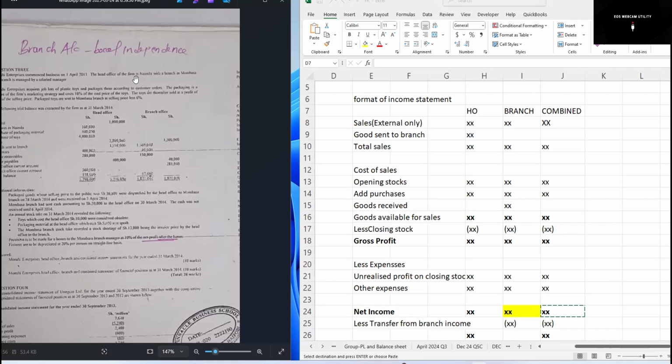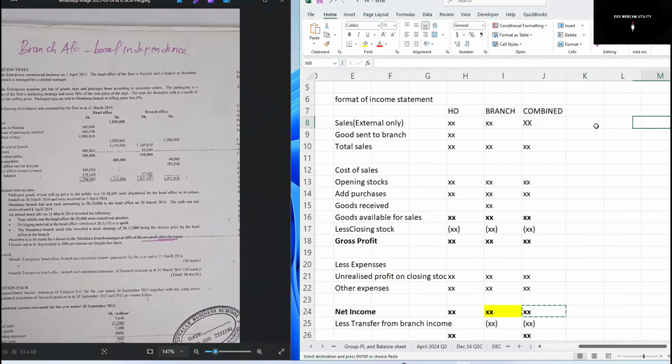The toys are thereafter sold at a profit of 12% of the selling price. The packaged toys are sent to the Mombasa branch at the selling price less 6%.